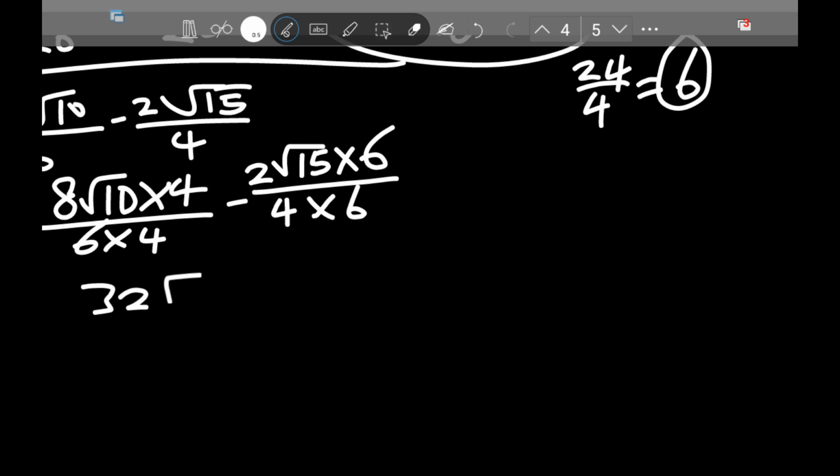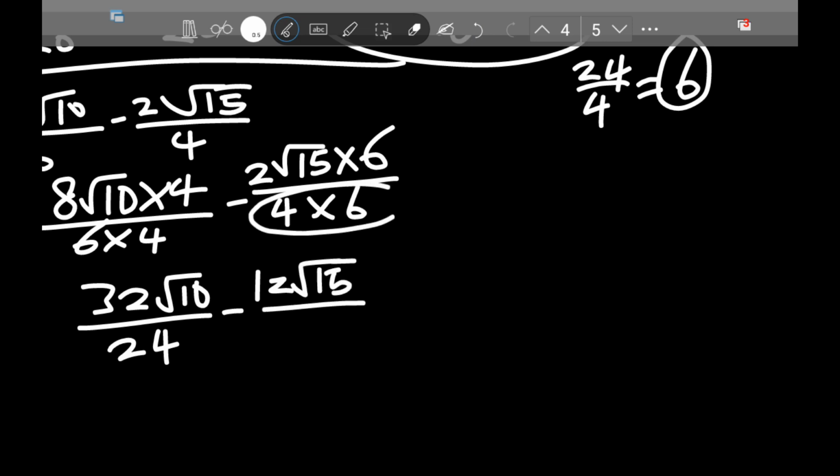So it goes to be 32 root 10 over 6 times 4, or 4 times 6, it's 24, minus 2 root 15 times 6. It should give you 6 times 2, and 6 times 2 is 12. So you should get 12 root 15 over 4 times 6. So 4 times 6, we know it's also 24.